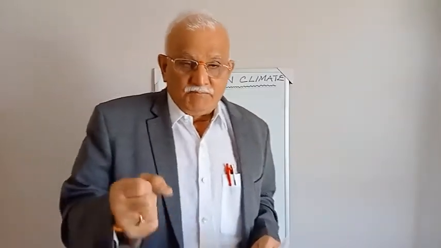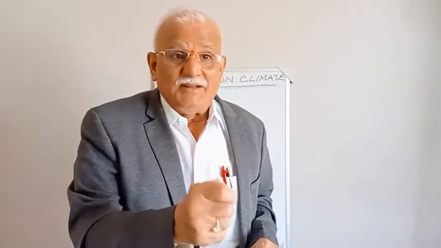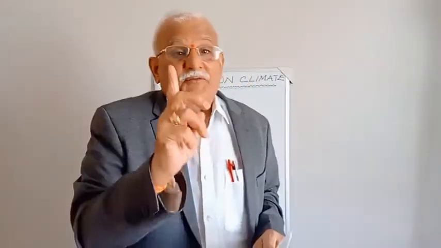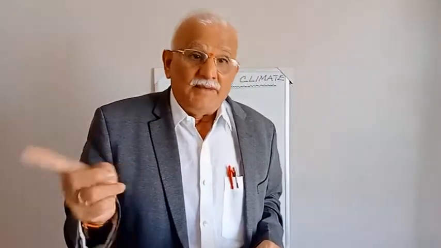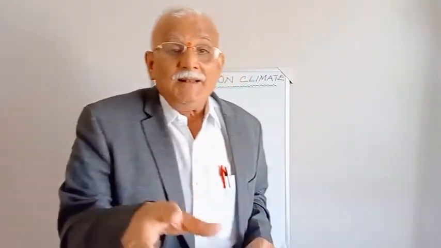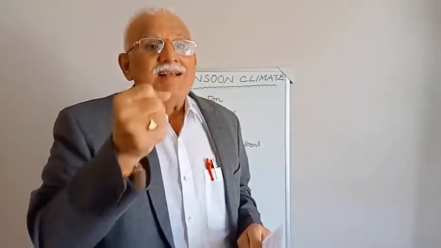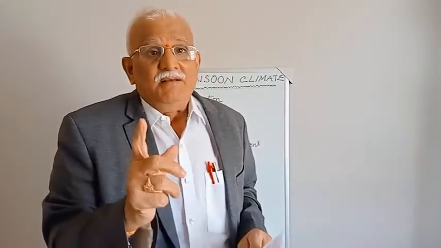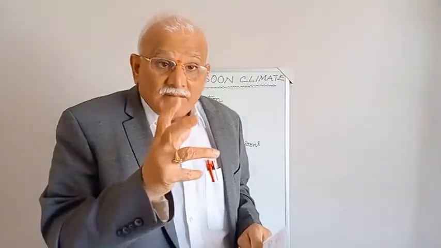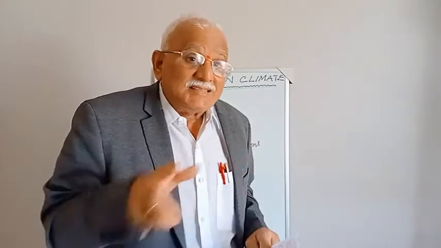These are the 2 things that determine the Indian climate. What is the characteristic feature of Indian climate? The characteristic feature is seasonal, alternating seasons. Alternating seasons is the characteristic feature of Indian climate.